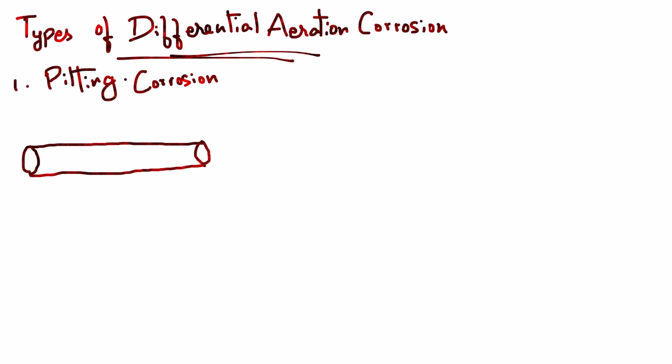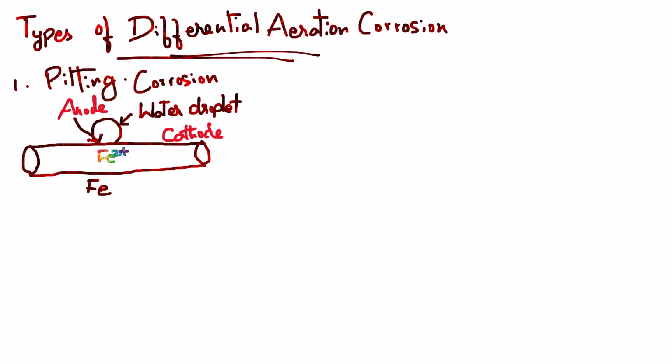Types of differential aeration corrosion. Pitting corrosion: consider a pipeline and a water droplet over the pipe. The portion where the iron pipe is covered by the water droplet is less aerated and that portion will act as anode, and the rest of the other portion will act as cathode.